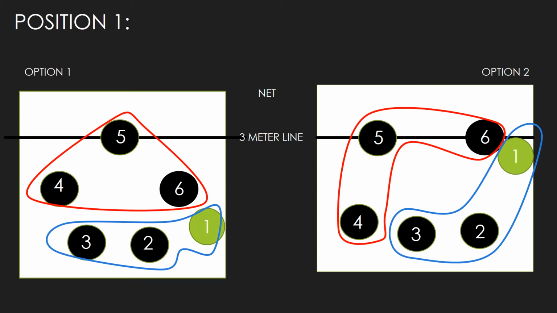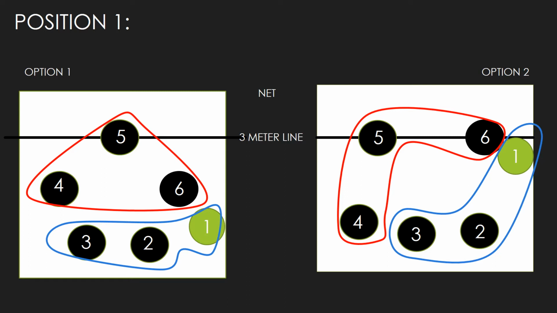Now, with player 4, since they are a front row player, they are not allowed to be behind players 3 and 2, which is why you see the position slightly forward of players 3 and 2. Also, player 4 cannot pass on the right side of player 5, who is also in the front row.